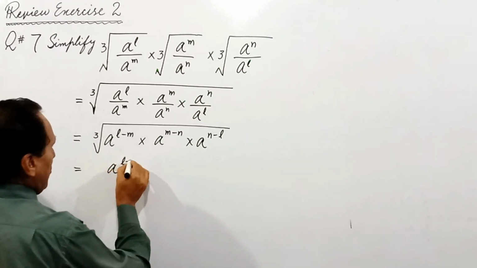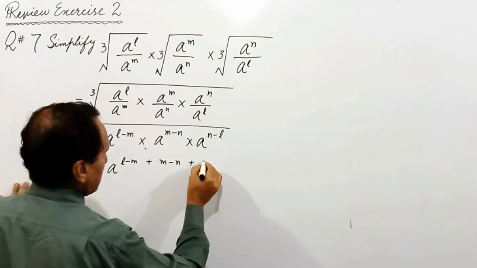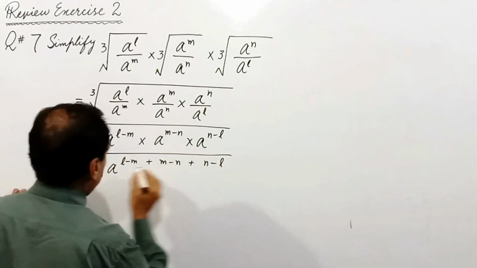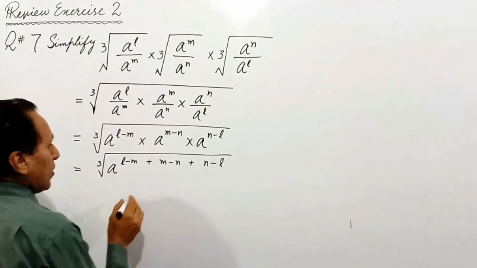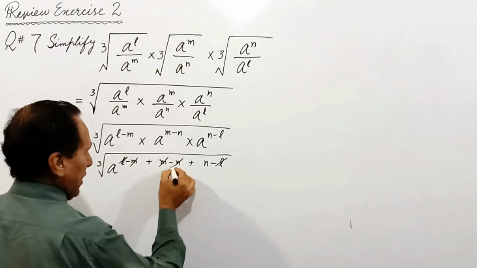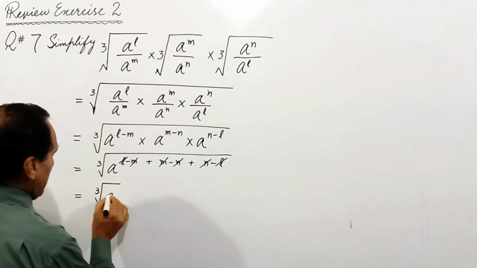A raised to power l minus m plus m minus n plus n minus l, third root. Like terms having different signs cancel: l is cancelled by l, m by m, n by n. We have the third root of a raised to power 0.